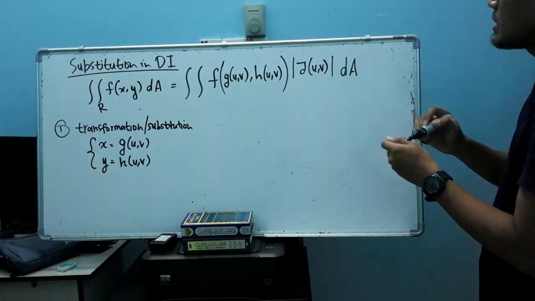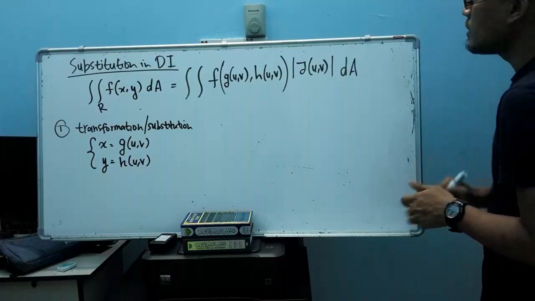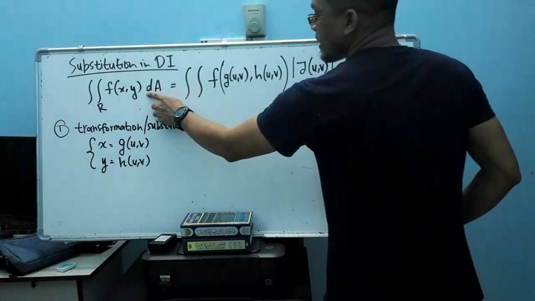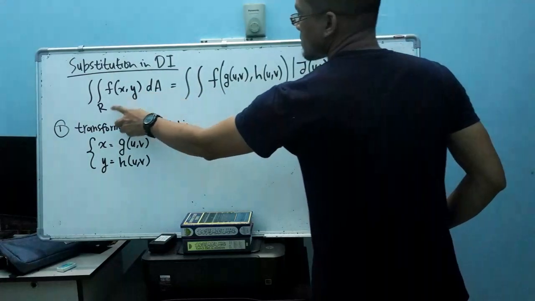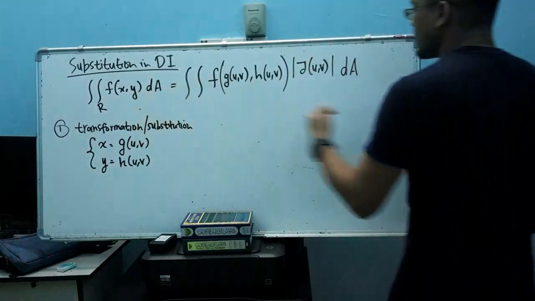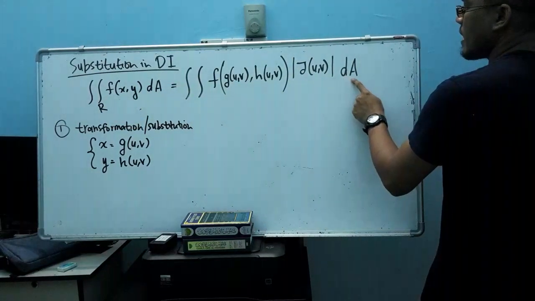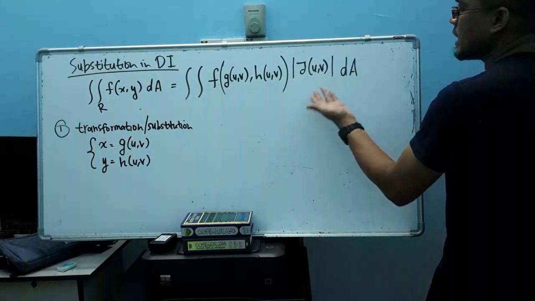But now the difference here: this dA would be dx dy or dy dx because I have the region R in the xy plane. But now, when I have dA in terms of u and v, it will be in terms of du dv.